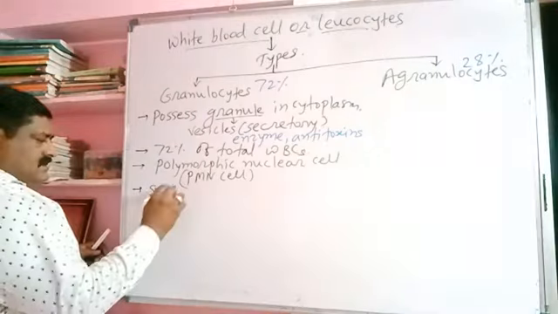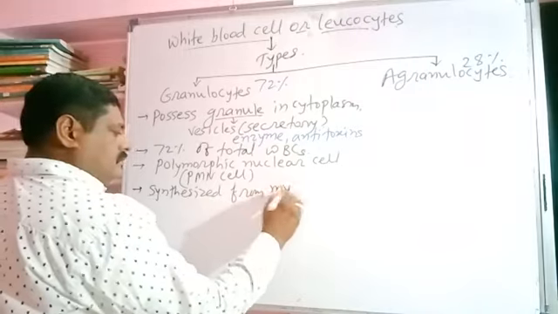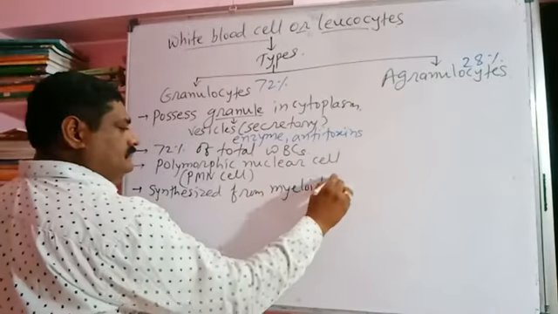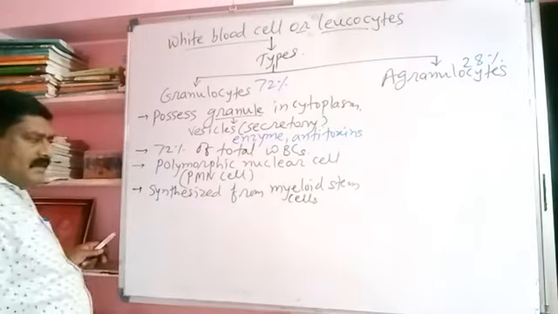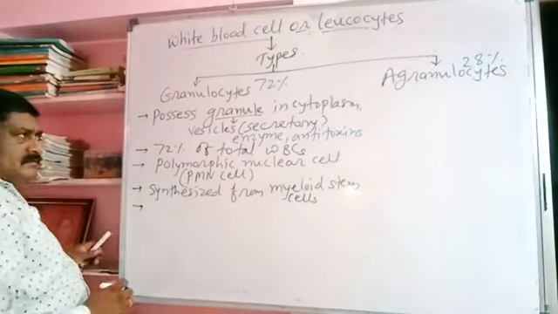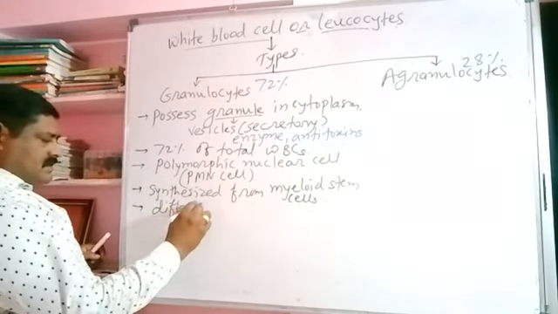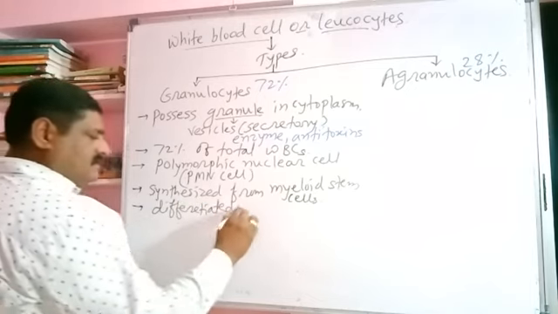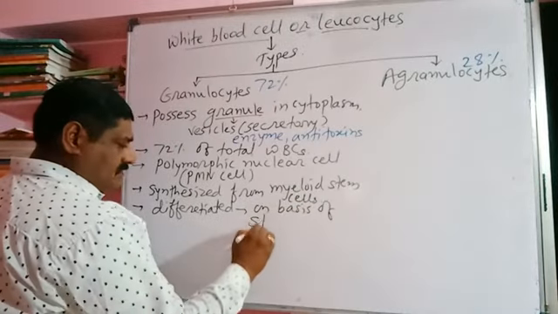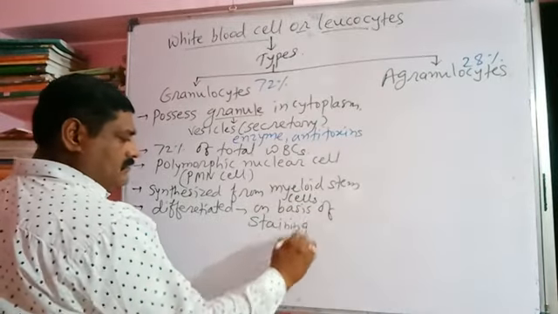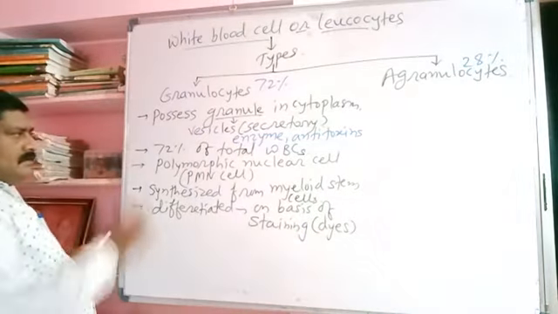They are synthesized from the myeloid stem cells. Different types of granulocytes are differentiated on the basis of staining technique, the use of dyes to stain them.